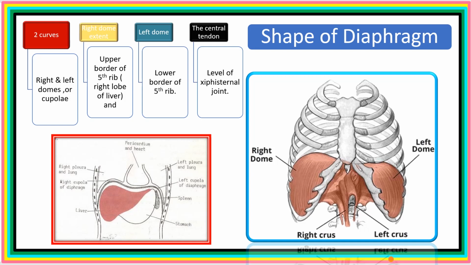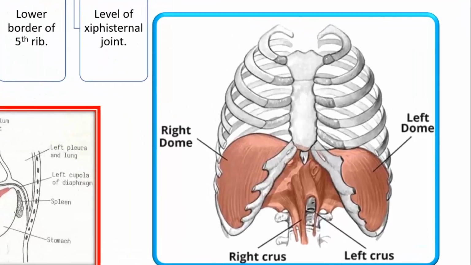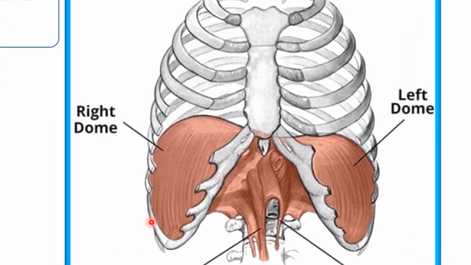And these upper curvatures are also called cupola. So here in this diagram, we are seeing the right curvature of the diaphragm, which is called the right dome or right cupola. And then here we're seeing the left curvature, which is called the left dome or the left cupola.